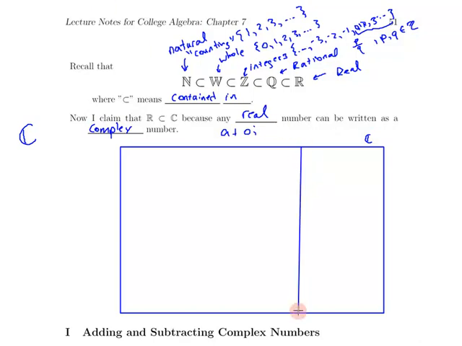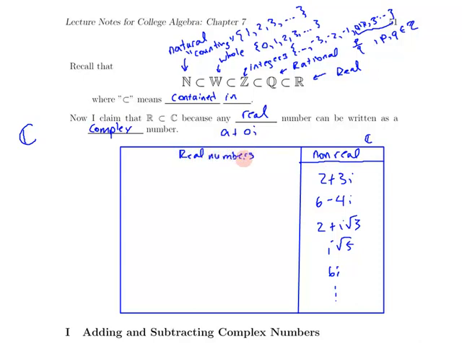We have what would be the purely non-real numbers, like 2 plus 3i, or 6 minus 4i, or 2 plus i square root of 3, or just i square root of 5, 6i. Those types of numbers are non-real numbers. But we also have over here real numbers, right?